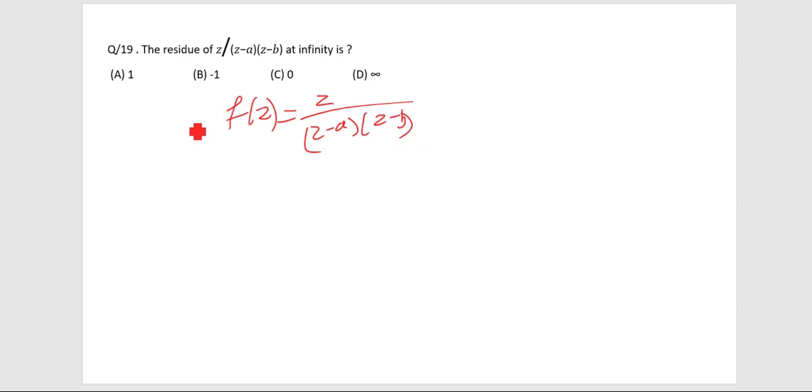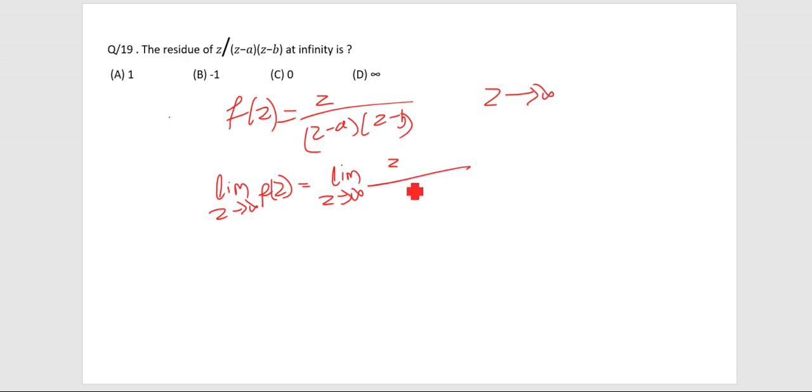Here you have to find the residue, and the limit is given at z is equal to infinity. So residue at z equal to infinity is given by limit z tends to infinity of f of z.